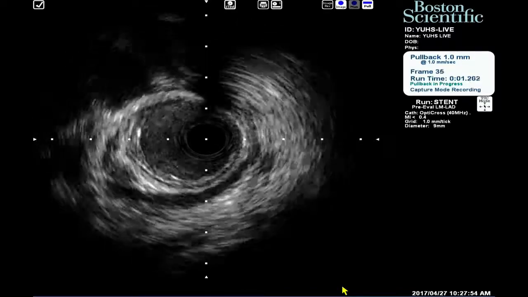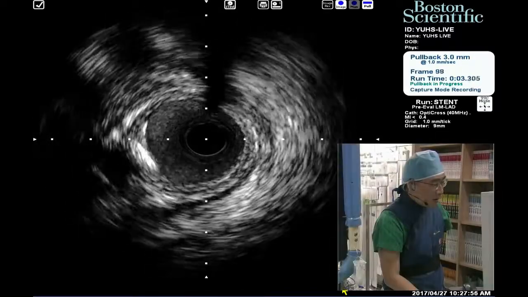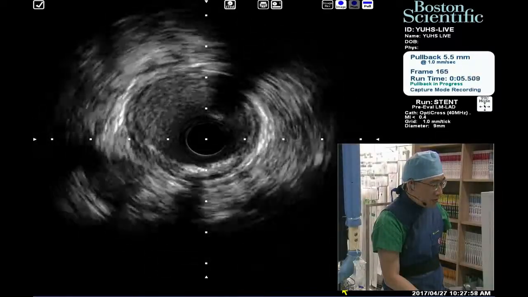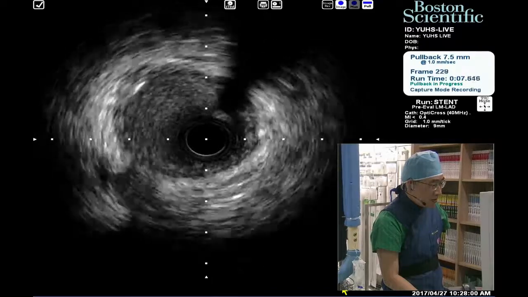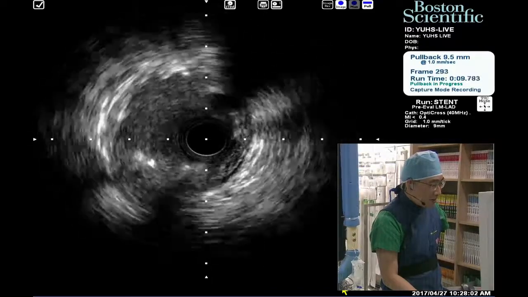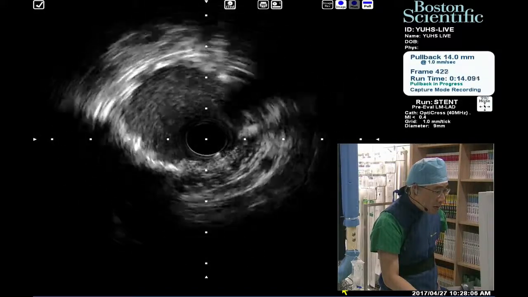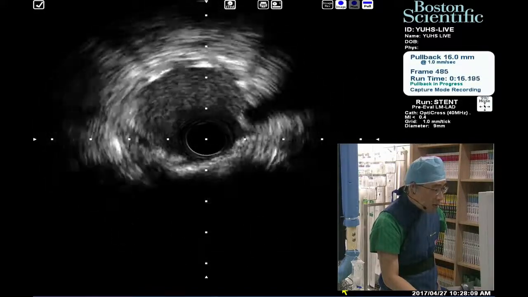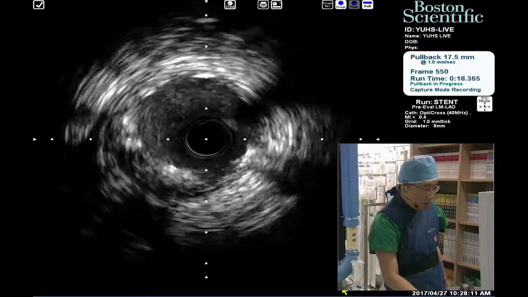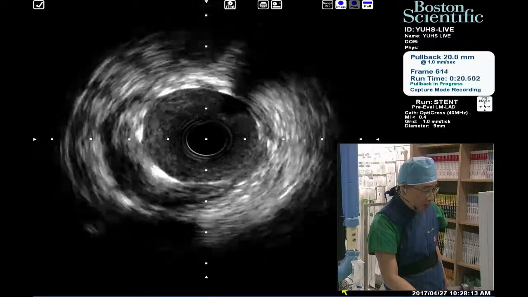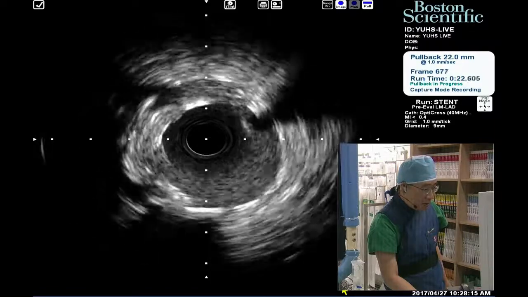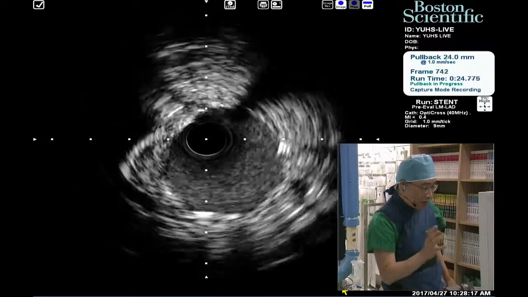Pull back from the distal. So, not yet stent. There is, yeah, nice stent transition. Yeah, stent expanded well, and no dissection. Quite evenly well expanded stent.